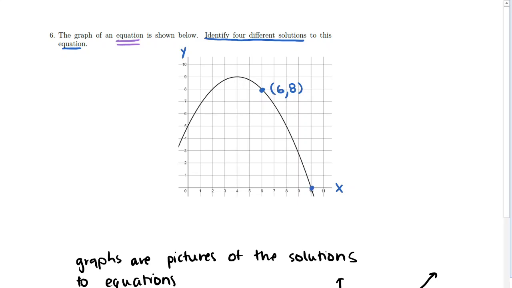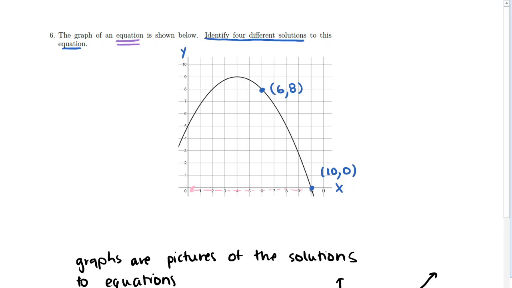Or 10, 0, right? So 10 for x, 0 for y. And it's 0 because when we look towards the x-axis here, that's where we lie in relationship to the horizontal or the vertical axis. The x-axis is at a y-coordinate of 0.